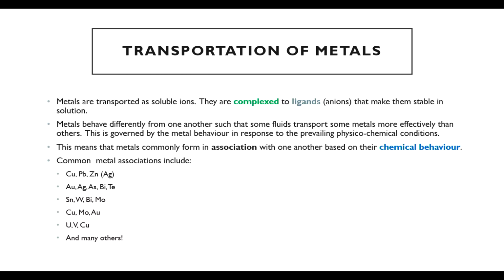And these are called ligands, the technical term, but they're usually anions. So they're negatively charged, so they have an ability to complex together to balance those charge relationships. And this makes them stable in solution. So that's what they're looking for.